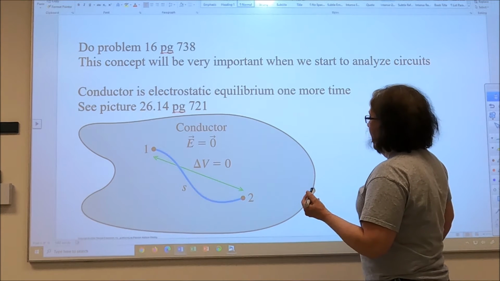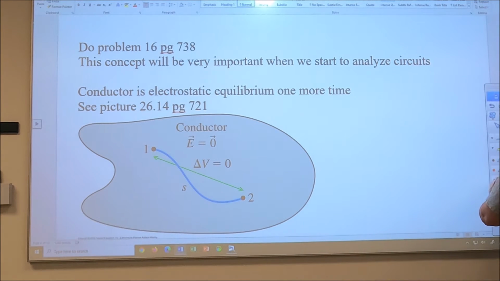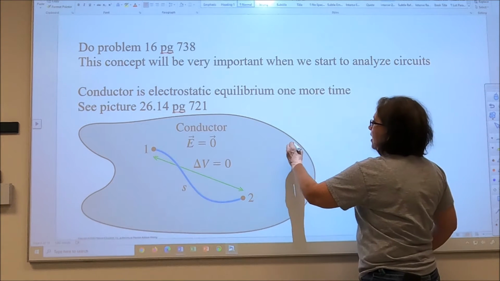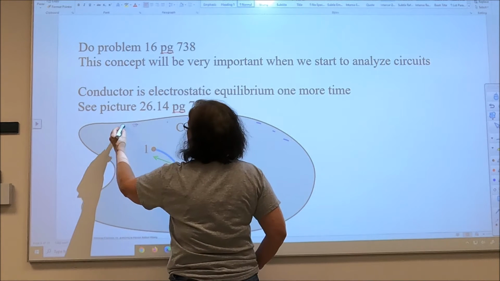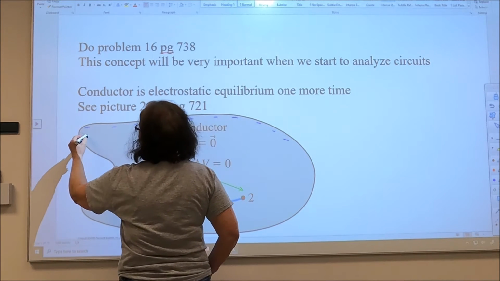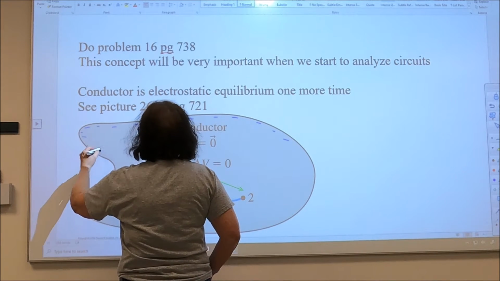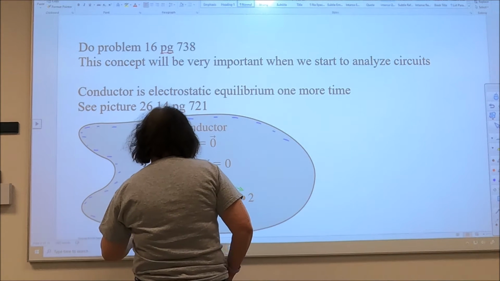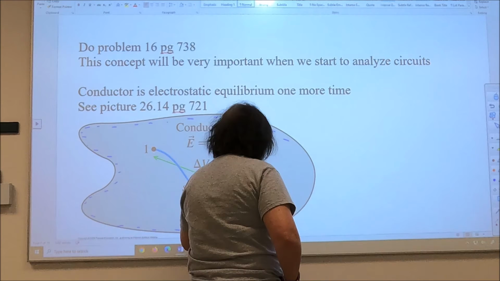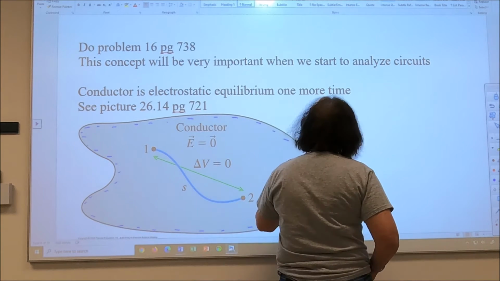If it's in electrostatic equilibrium, then all the charge on the conductor is along the surface. Just to remind you, all the charge is on the surface.